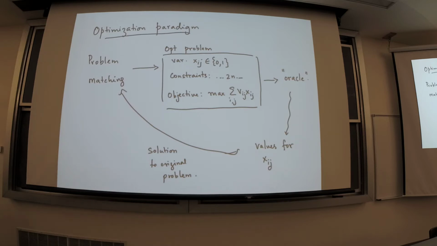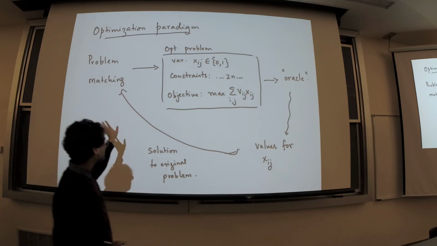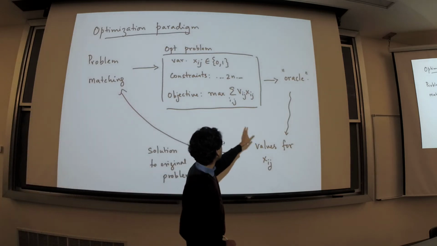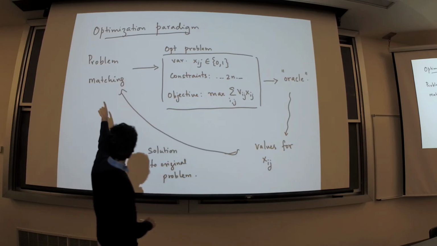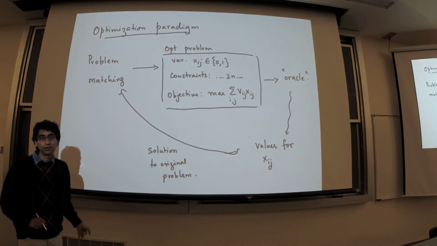When we cast a problem as optimization, we have to make sure this procedure is valid. The key step to verify is that, supposing you have an optimizer that solves this, you can actually convert its output into a valid solution for your original problem.